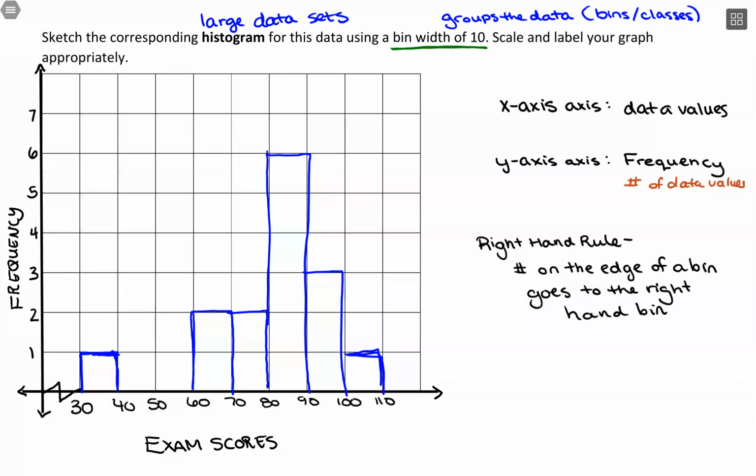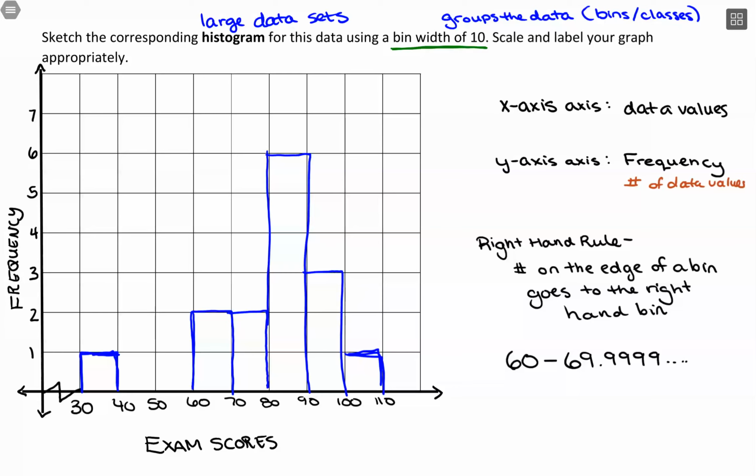So for data values that are actually on the number line that we're seeing there, will go into the right-hand bin. So while we have this bin that looks like it's 60 to 70, really that bin is containing values 60 to 69.9999, repeating forever. So with that, 70 is actually included in the next bin on that number line.